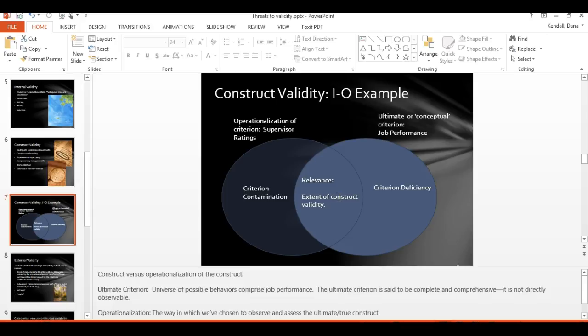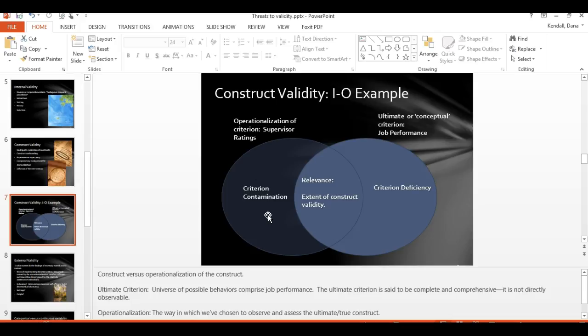We know from research that attractiveness plays a role in how people rate each other. And that is contamination because it is not relevant to my performance. So you can probably think of other examples, but there are things in here that are not at all corresponding to my performance, but they're captured anyway.